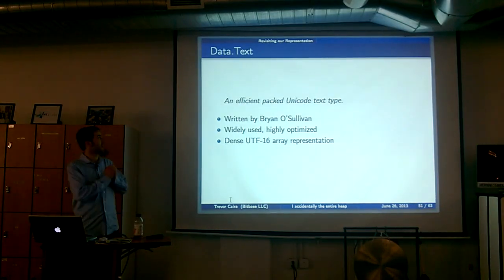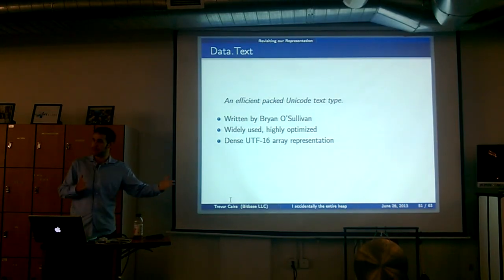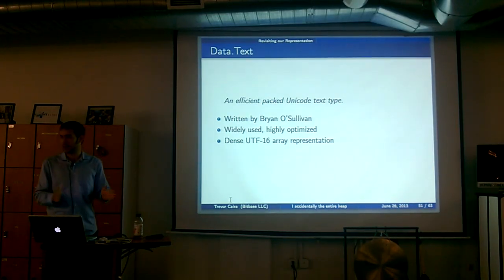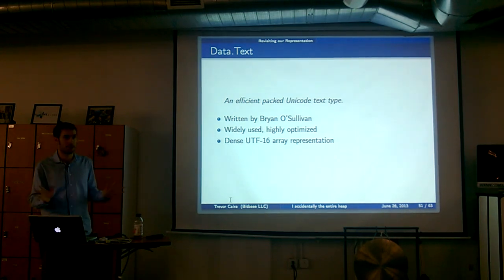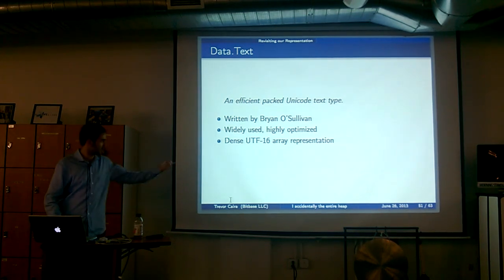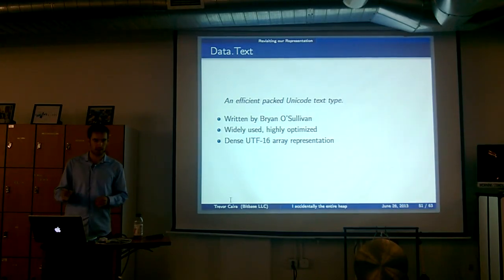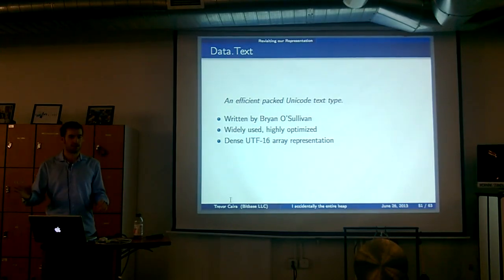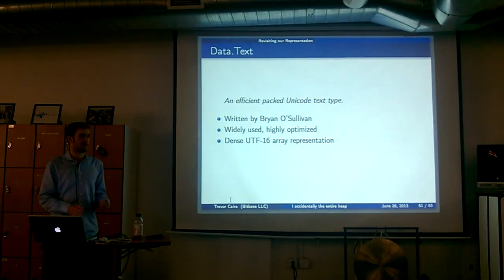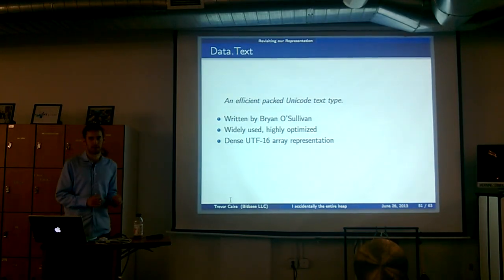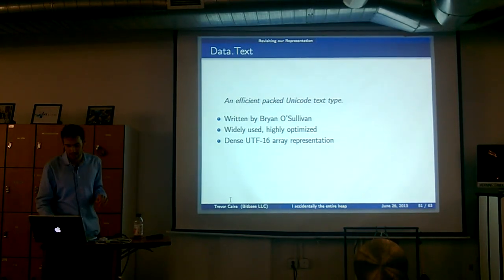Great. An efficient Unicode text type fits the bill. Very finely tuned, widely used, some 700-odd reverse dependencies on the package. It's good. And it gives us this dense UTF-8 array representation, as if it was a Java string or something, which is a lot better than this linked list of madness.